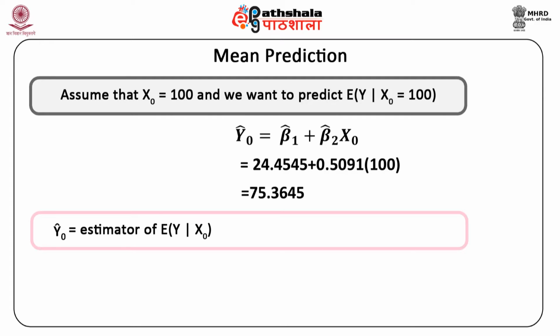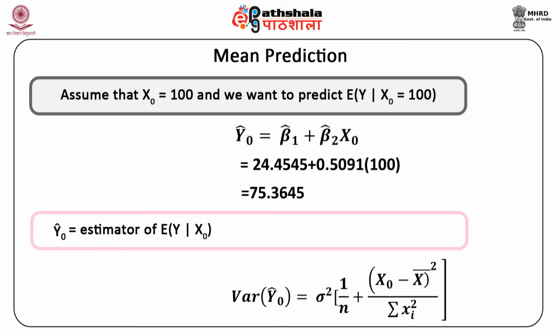To assess this error, we need to find out the sampling distribution of y0 hat. y0 hat is normally distributed with mean beta 1 plus beta 2 x0, and the variance is given by the following formula: variance of y0 hat is equal to sigma square into the bracket 1 upon n plus (x0 minus x bar) whole square divided by sum of xi square, bracket closed.